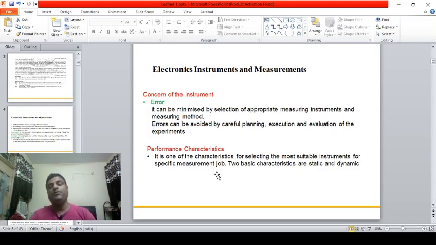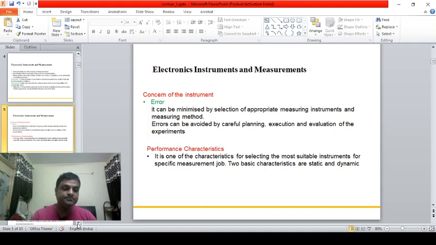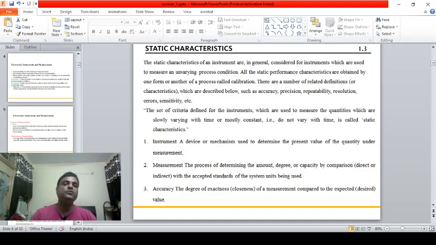Then we move to the static characteristics. The static characteristics of the instruments are in general considered for instrumentation which is used to measure an unvarying process condition. Just remember that we measure an unvarying process condition.